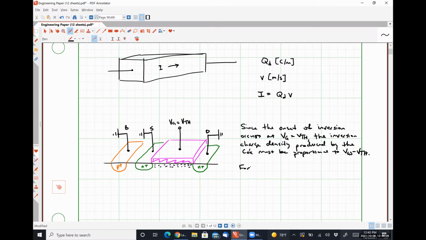So for VGS greater than VTH, any charge placed on the gate must be mirrored in the channel.